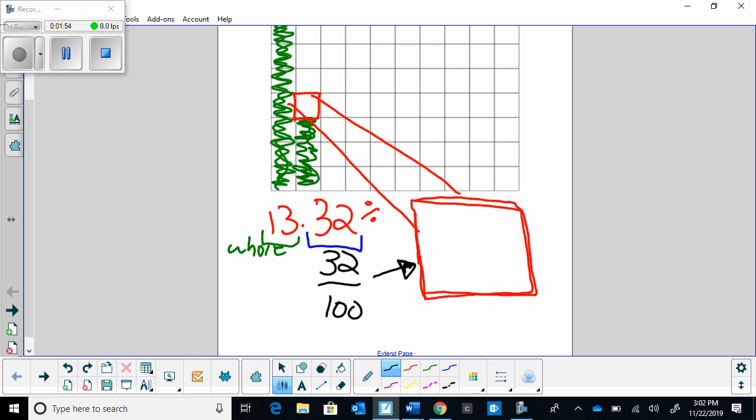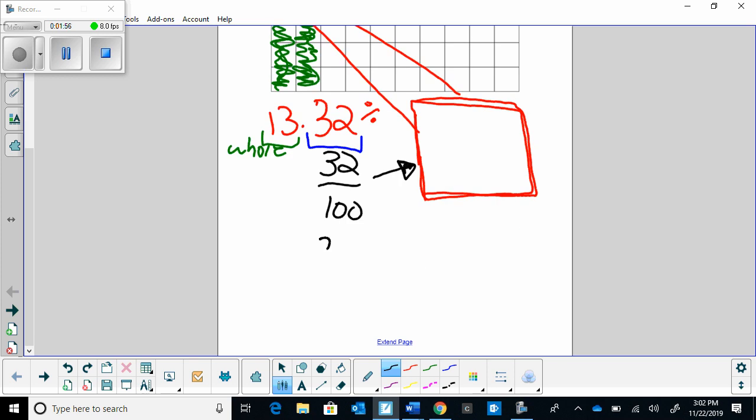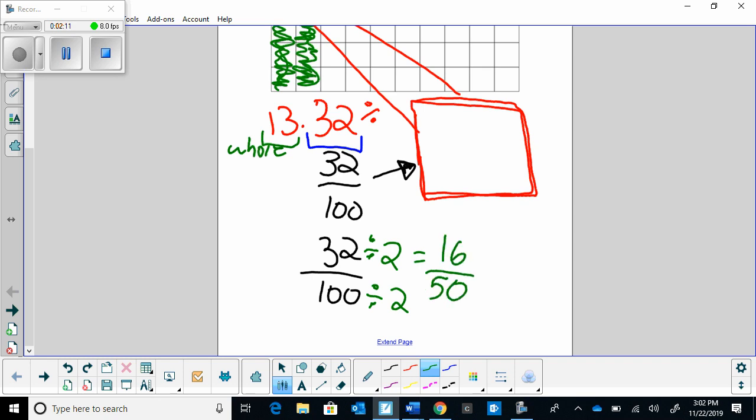But we learned in class that we can do this a little bit better. 32 over 100, we can actually reduce and make our lives a little bit easier. I can reduce the top and the bottom by 2, which gives me 16 over 50.